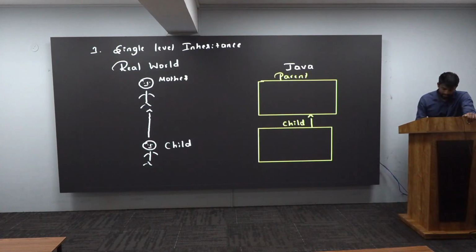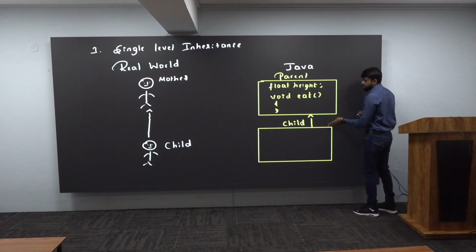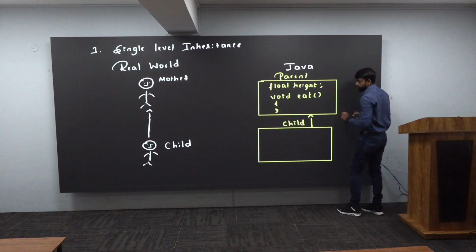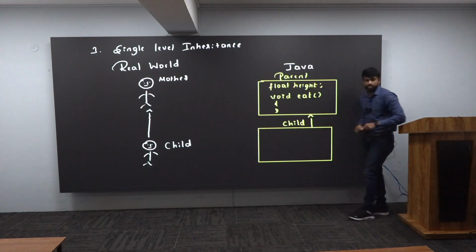In the parent, I will give a property, maybe float height. I will give one behavior also, eat. The same behavior your child will also get. Whatever I am showing you is known as single level inheritance. What is the meaning of this? One child is inheriting from one parent.